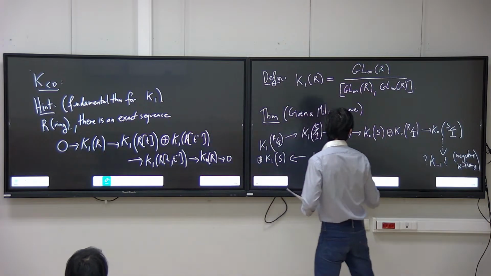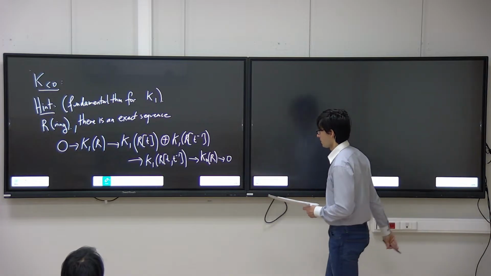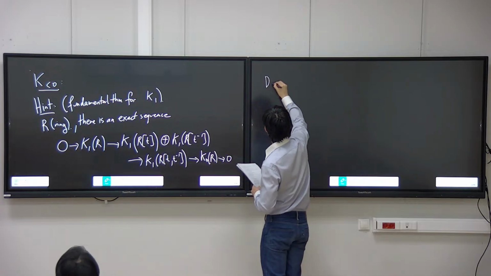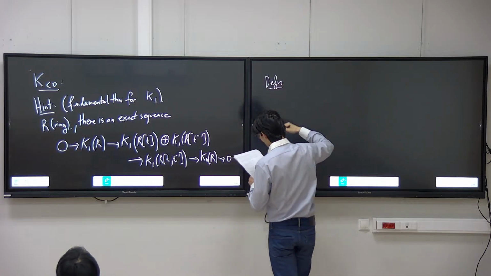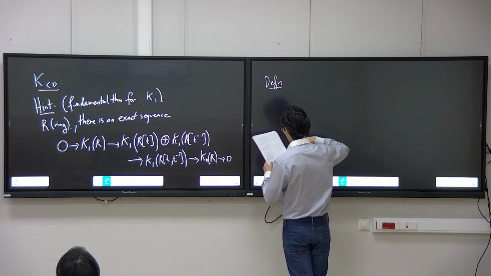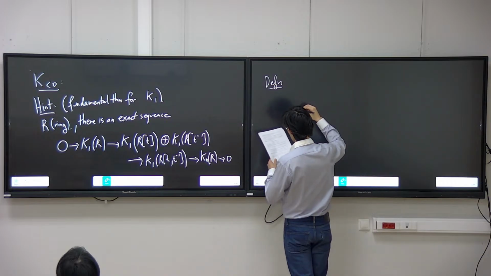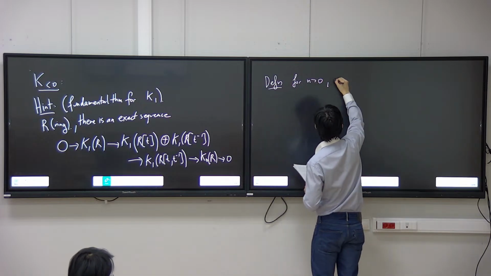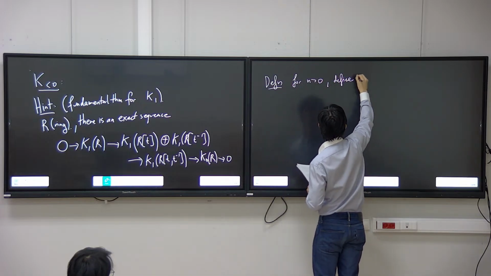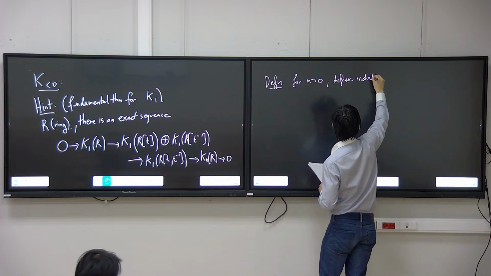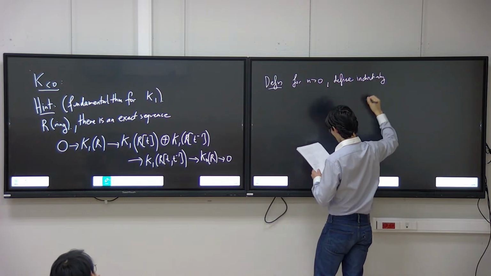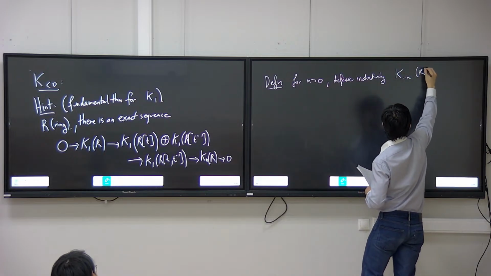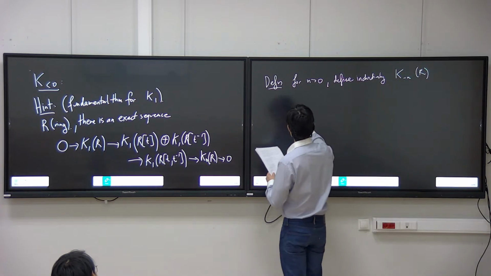So yeah, okay, maybe it's a bit of a random theorem, I agree. But it gives the correct definition for negative K theory. So we can define, for n greater than 0, inductively K minus n of R by the following.